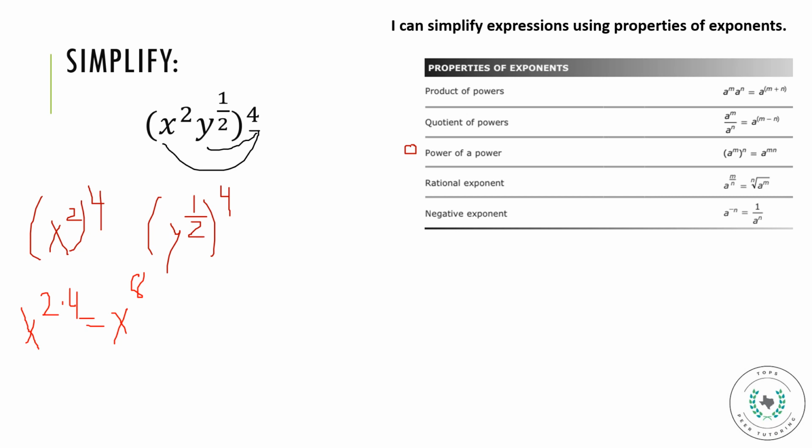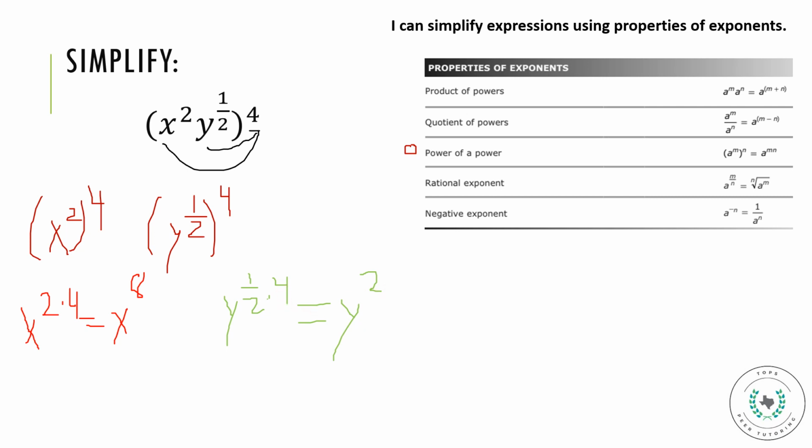And this y value with the half, interestingly, turns into y^(1/2) times 4, which actually won't give you a fraction at all, because then you'll get y squared. And that's because multiplying something by a half is the same thing as dividing it by 2. So half times 4 equals 2, because 4 divided by 2 equals 2.